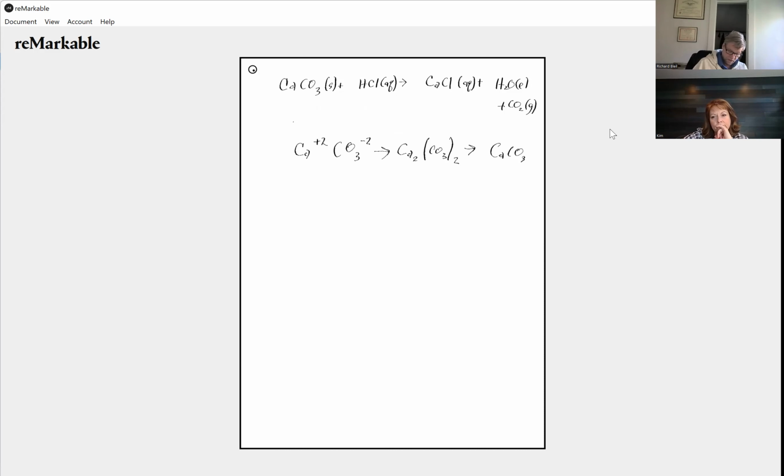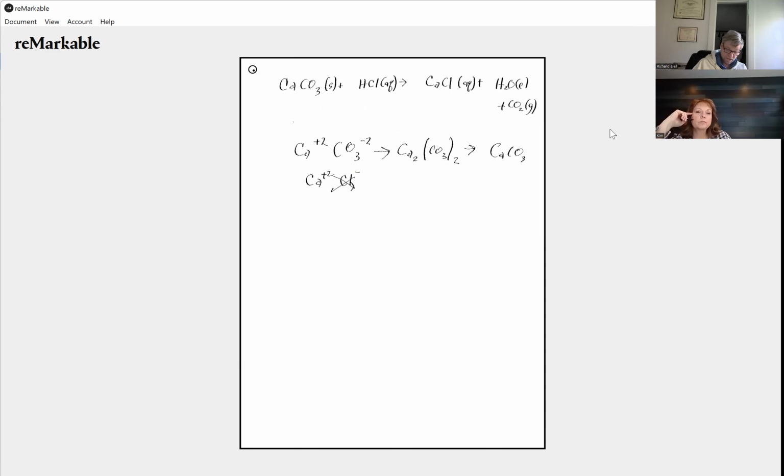Well, we just pointed out calcium is +2. Chlorine, if you look on the periodical chart, is -1. Chlorine is a halogen, so it is always a -1 charge.